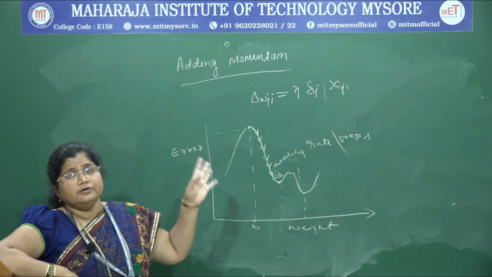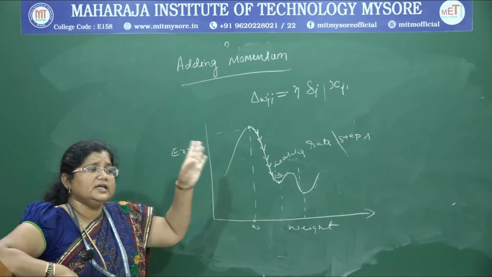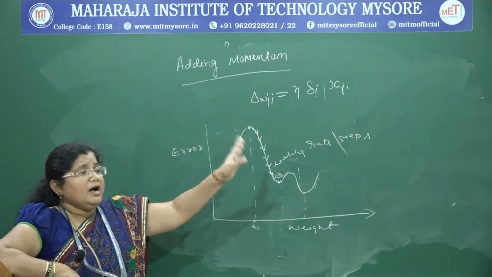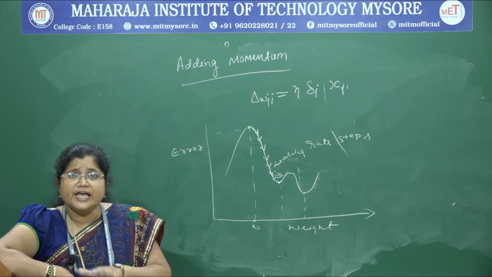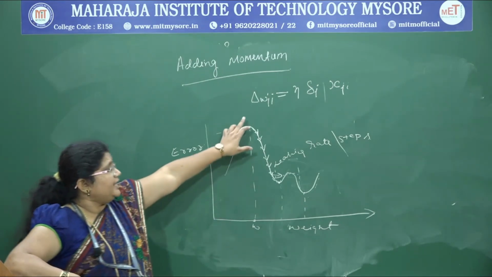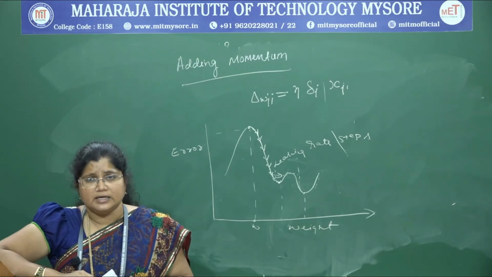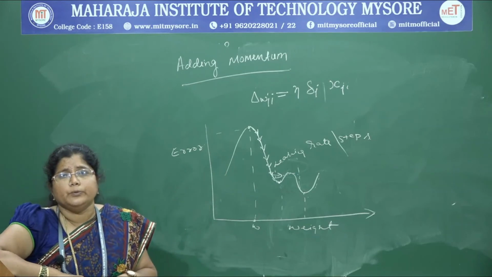That is, finding the error present in the jth unit, the stepping rate eta, and the input from the ith unit to the jth unit, we try to update the Wji according to the back propagation algorithm. For this particular term, we need to add a momentum.